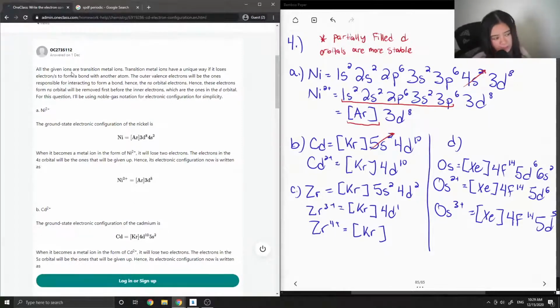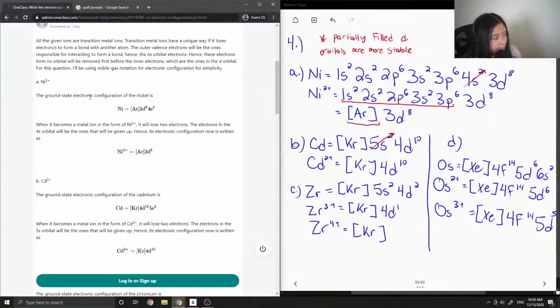The outer valence electrons will be the ones responsible for interacting to form a bond, hence the ns orbital electrons. Hence, these electrons from the ns orbital will be removed first before the inner electrons, which are the ones in the d orbital. For this question, I'll be using noble gas notation for electron configuration for simplicity.